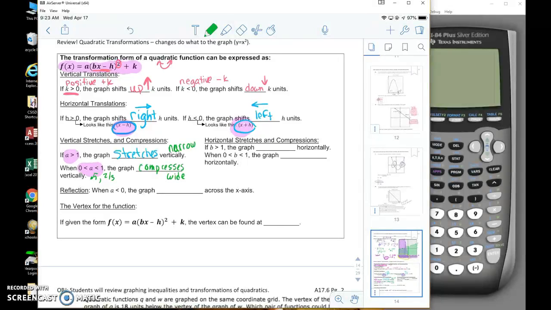This is the only time I'm going to ask you to look at the negative separately from the number. So if that number in the very front is also negative, then this is when the graph reflects across the x-axis, or in other words, our parabola opens down.